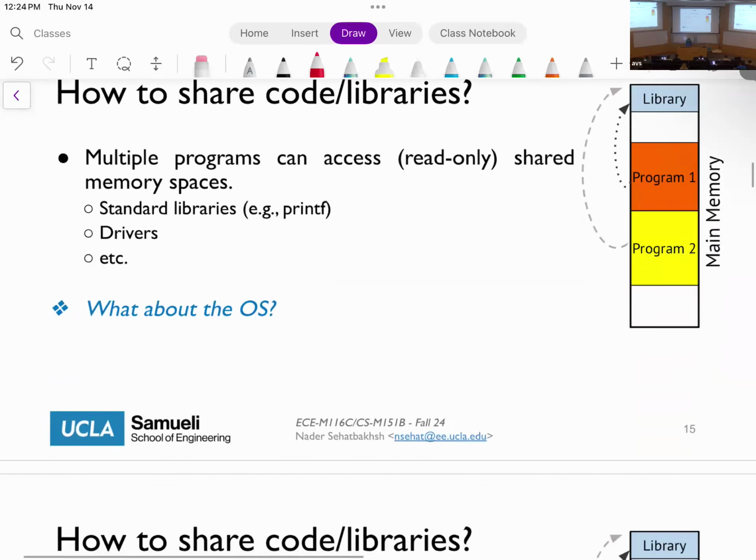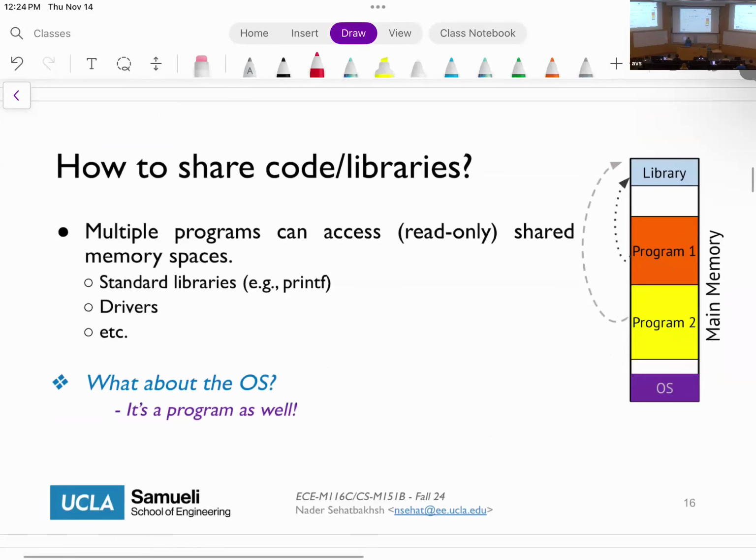And then the last thing, of course, is the OS itself. You can assume the OS is a program of its own, right? So we typically treat it similarly to any other program in our system, right? Typically we have lower addresses of the memory reserved and dedicated to the OS.